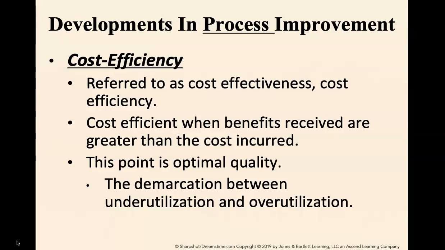Now, the point is optimal quality, and there is a demarcation between underutilization and overutilization. What does this mean? We need to meet halfway, at the midpoint, because if we do not utilize the screenings, then it is not going to be cost efficient.